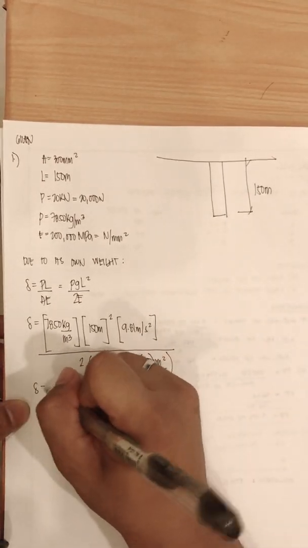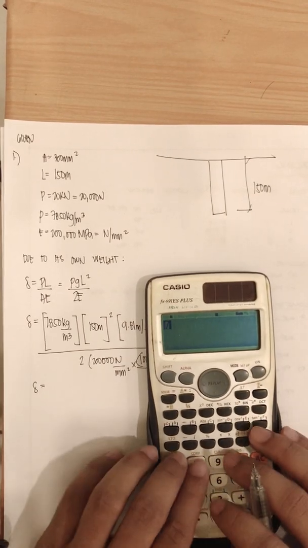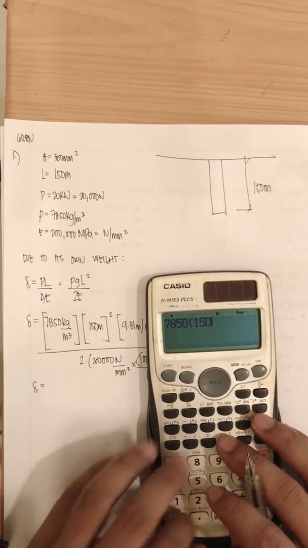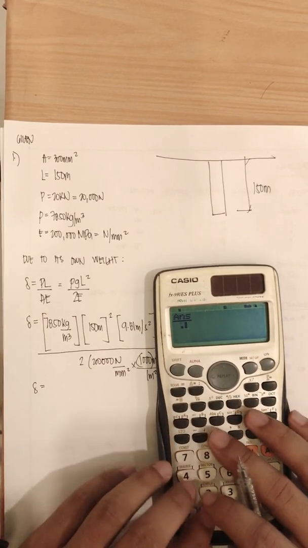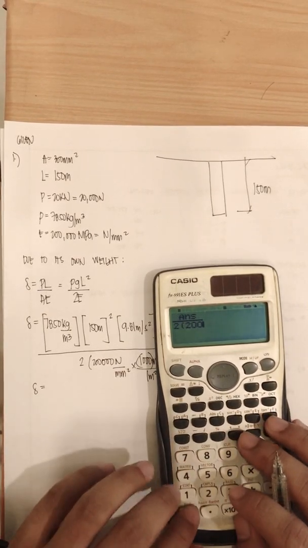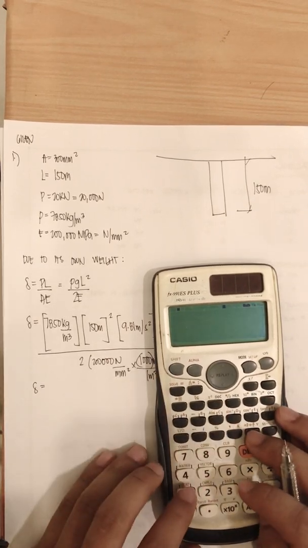So the total deformation due to its own weight is 7,850 times 150 squared times 9.81 divided by 2 times 200,000 times 1,000 squared.